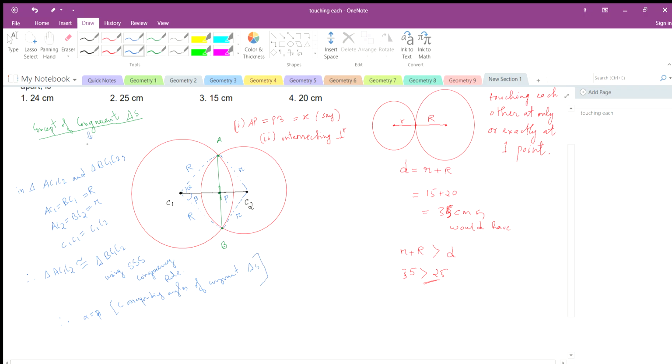Congruent means identical. Please remember, in short, it means identical, and by identical I mean same size and same shape. Hence angle alpha and angle beta are equal to each other.